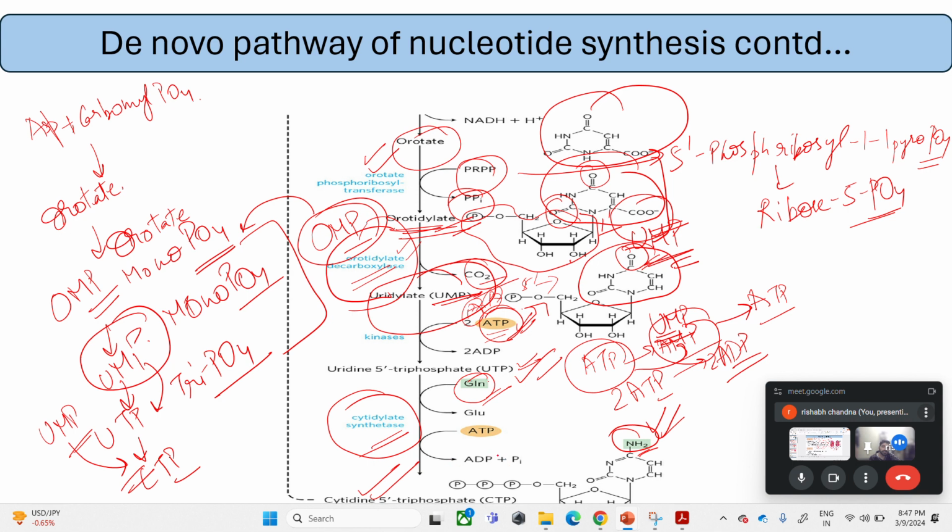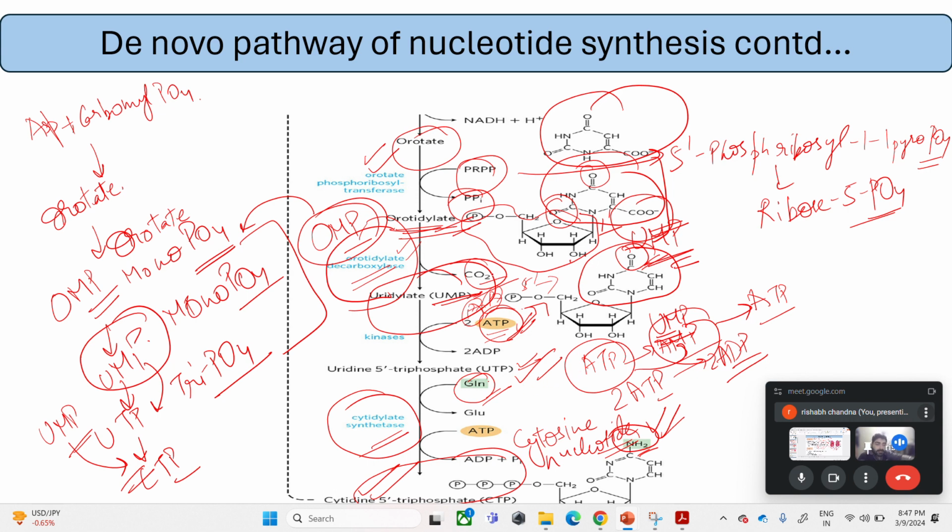That is the major pyrimidine or the cytosine nucleotide. So this was the process of formation of the uracil and cytosine nucleotides.